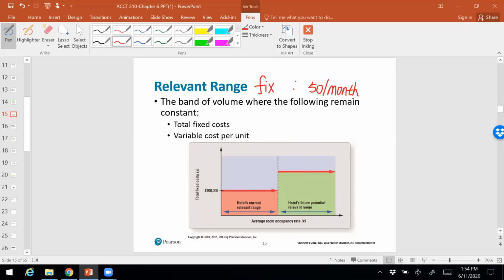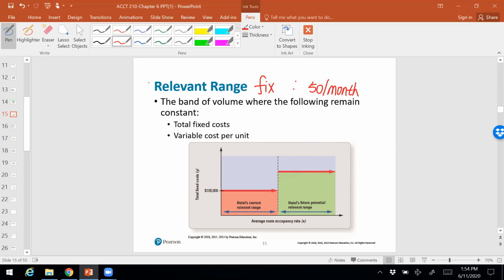If you say, this month I drive all the way from here to China, or from here to Mexico, or whatever, and you run out of that relevant range, then the insurance will go up. Even though it's the so-called fixed cost, it will not be fixed if it goes beyond that range.